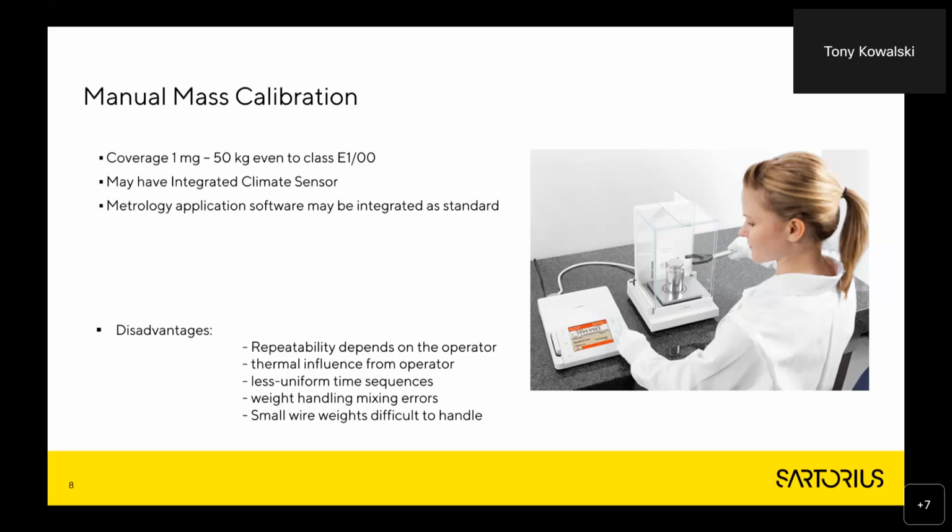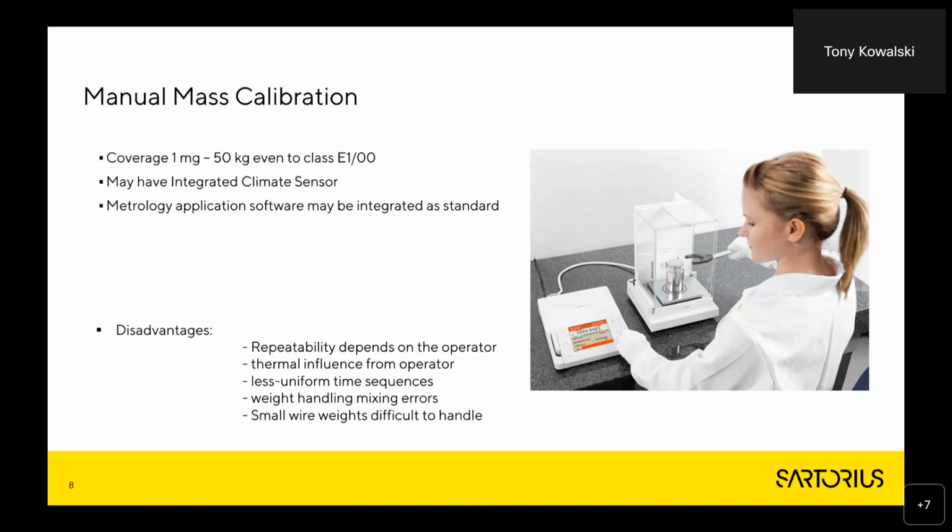Maybe there could be some disadvantages. Using manual determination, well, yes, the repeatability depends on the skill of the operator. It's the same in any instance, whether you're using a mass comparator, whether you're using a micro pipette, whether you're entering the Olympic Games in shooting at targets.